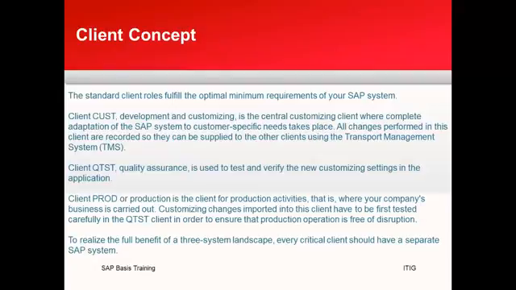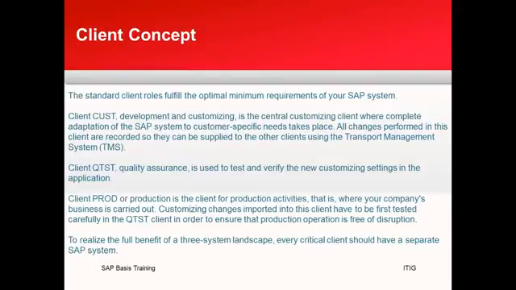All changes performed in the client are recorded so they can be supplied to the other clients using the transport management system. Client QTST, the quality assurance client, is used to test and verify the new customizing settings in the application.